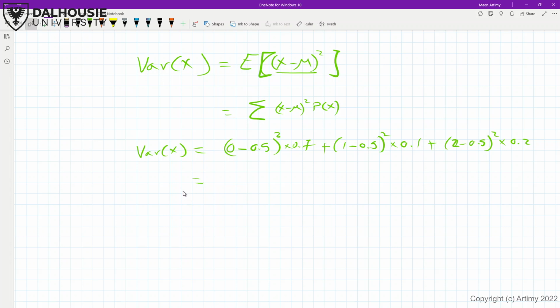First thing you notice is that all the numbers will be positive, right? Because we have the square.